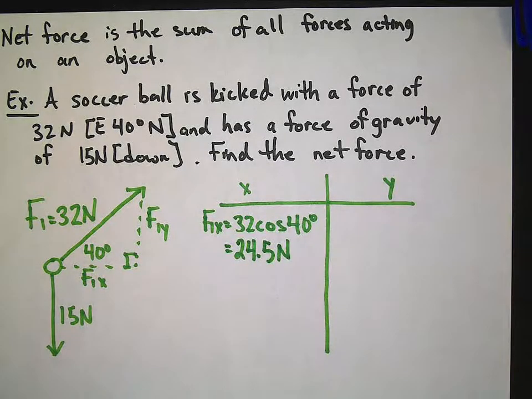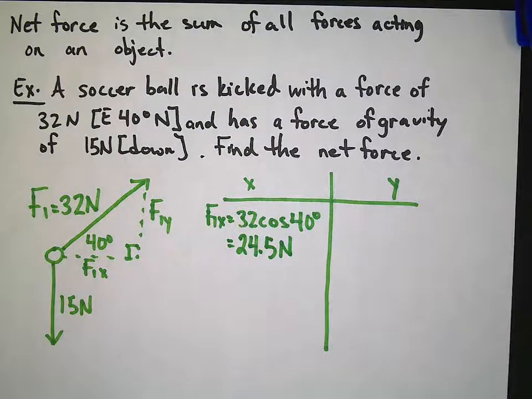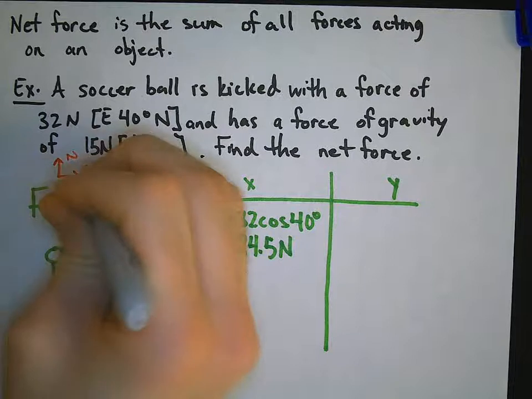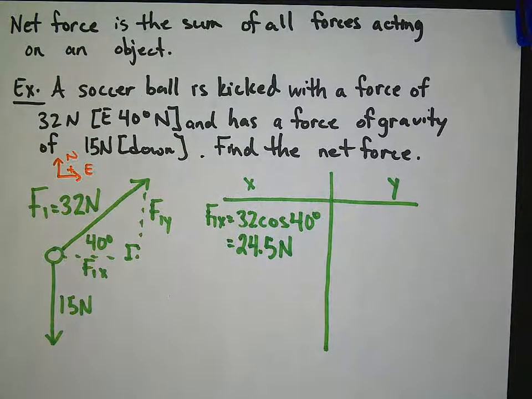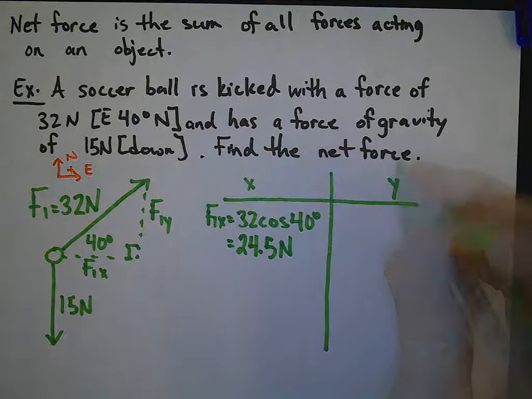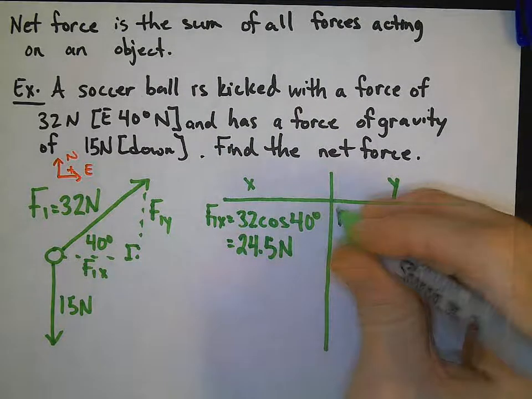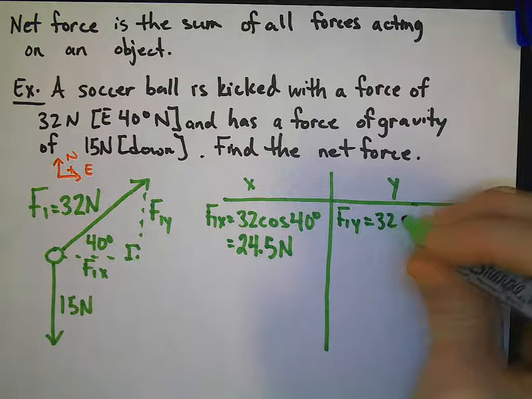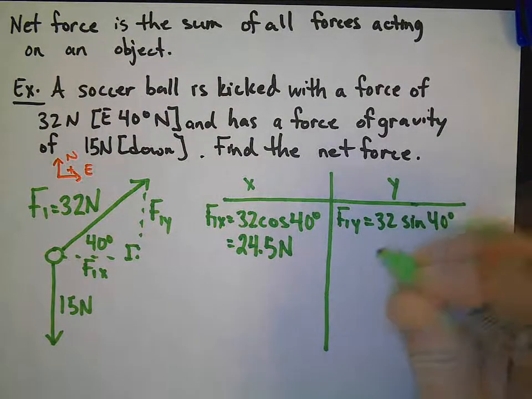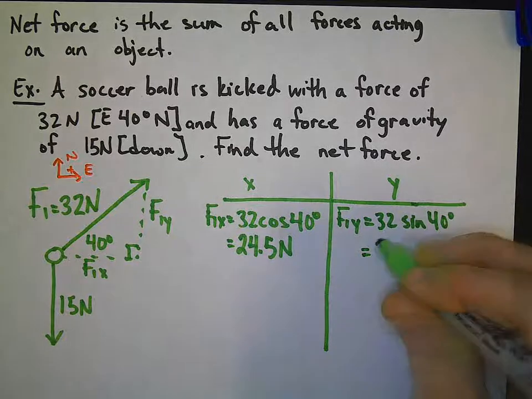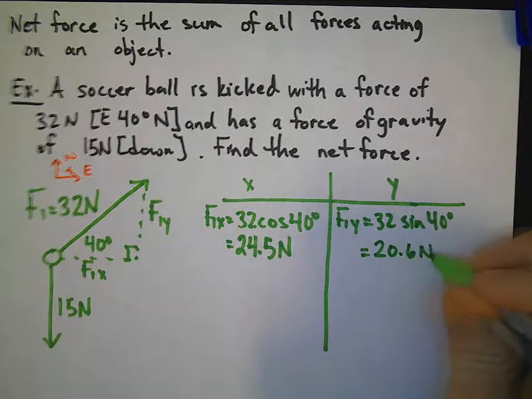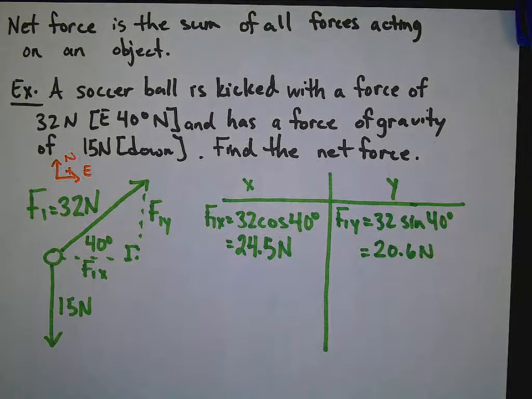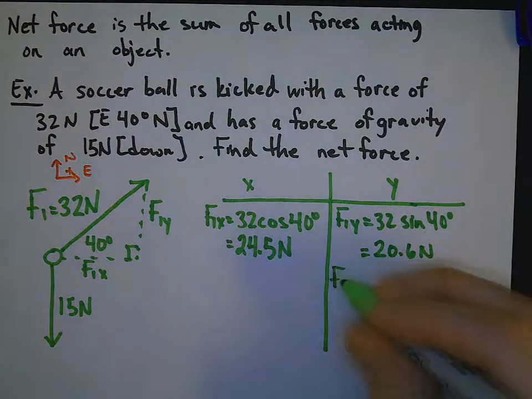And you will see, my apologies, I forgot, I always have to do this: north and east are positive. In my y direction, F1 of y would be 32 sine 40 degrees, and that is 20.6 newtons. Along in my y direction as well, I also have that force of gravity. Let's just call that F2.